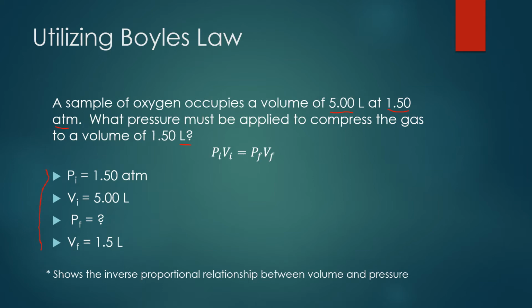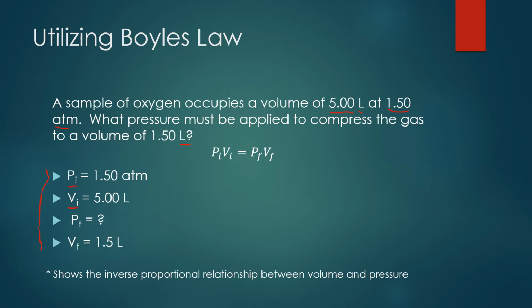So that 1.50 atm, that's a pressure. So I label that as my P1, my initial pressure. That 1.5 atm is referring to this 5 liters of volume. So that 5 liters is going to be my V1, my initial volume.